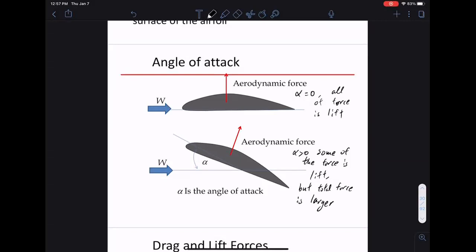So by changing the angle of attack, you can change the force. There is often an optimal angle of attack that maximizes the amount of power you can generate. The way the wind turbine changes the amount of power it generates is by changing the angle of attack.